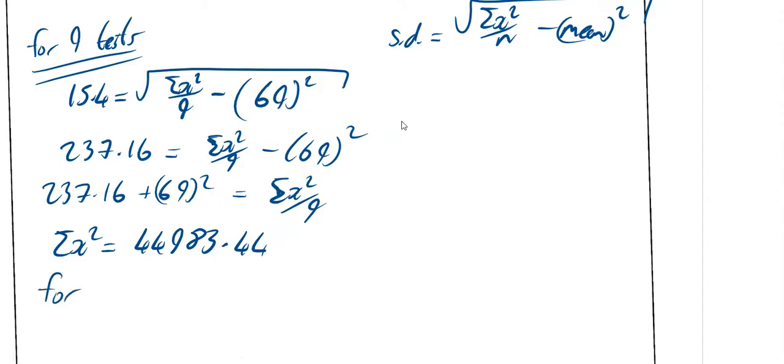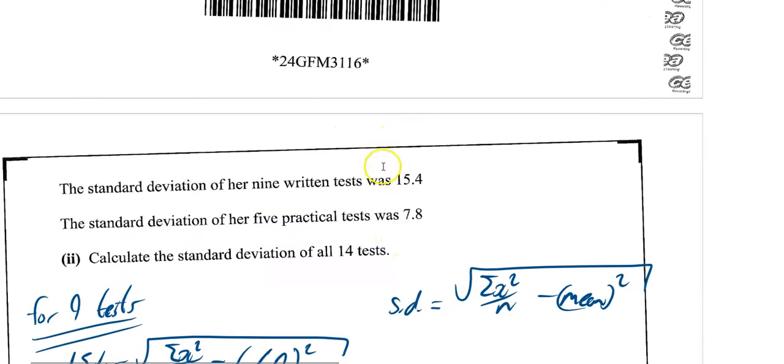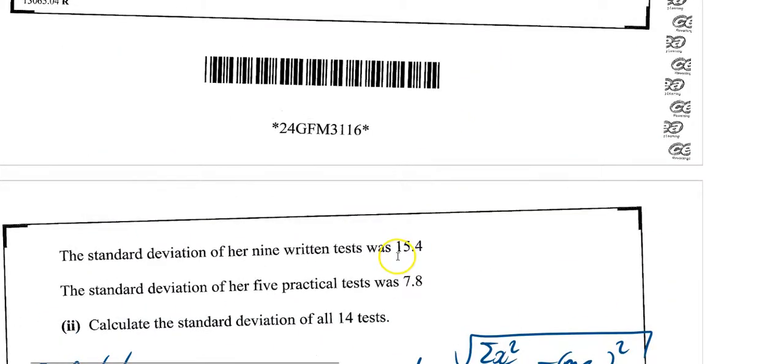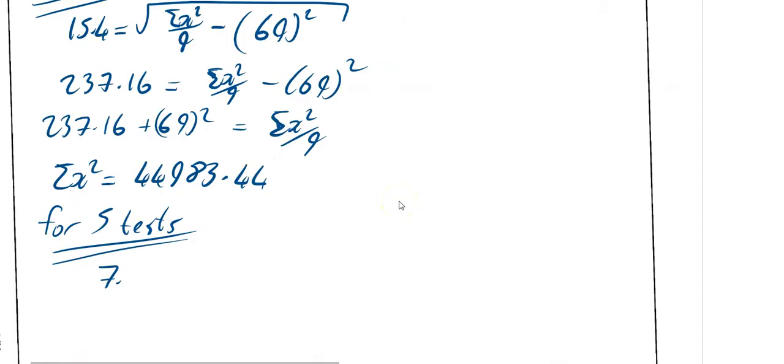Okay, for the 5 tests, the practical tests, I think they were, your standard deviation was 7.4. So it wasn't 7.4 at all, it was 7.8. So 7.8 is equal to sigma x squared over 5 minus the mean.